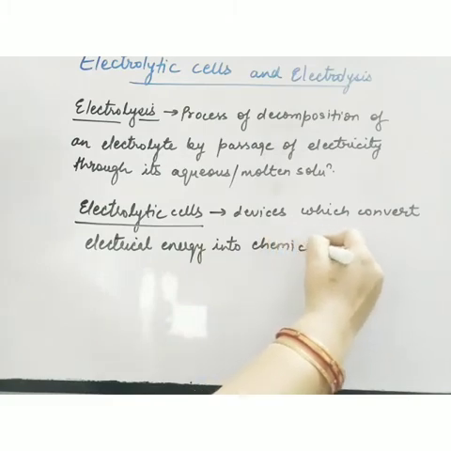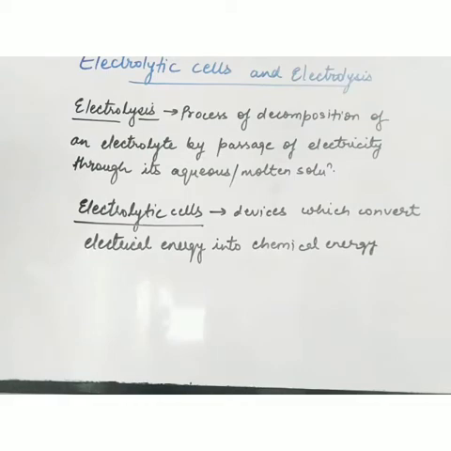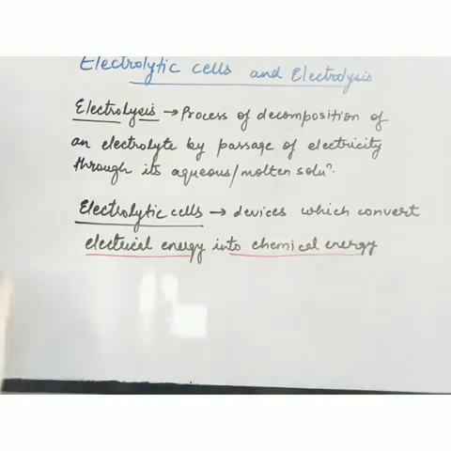New chemicals are produced. So we can say that this is the reverse of our electrochemical or galvanic cell, in which chemical energy was changed to electrical. So here the reverse thing is happening. Today we are going to discuss the construction of an electrolytic cell.